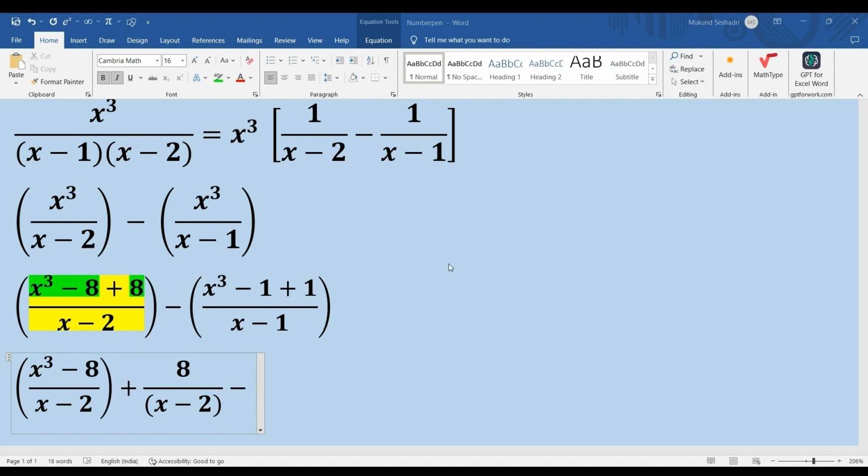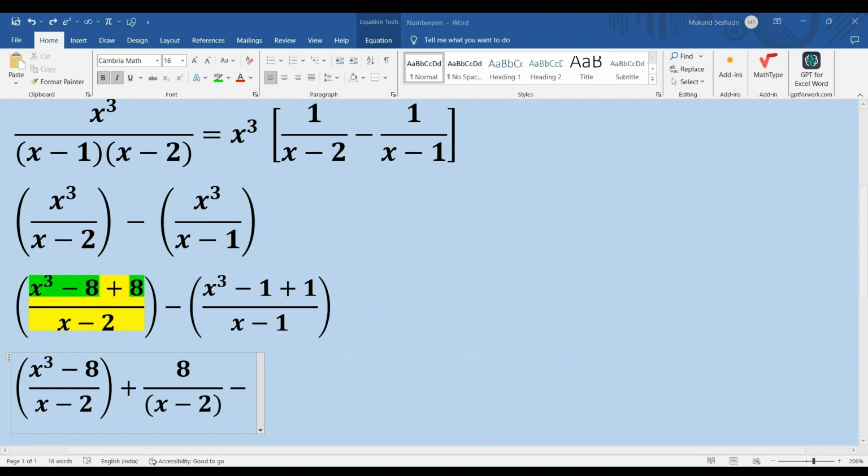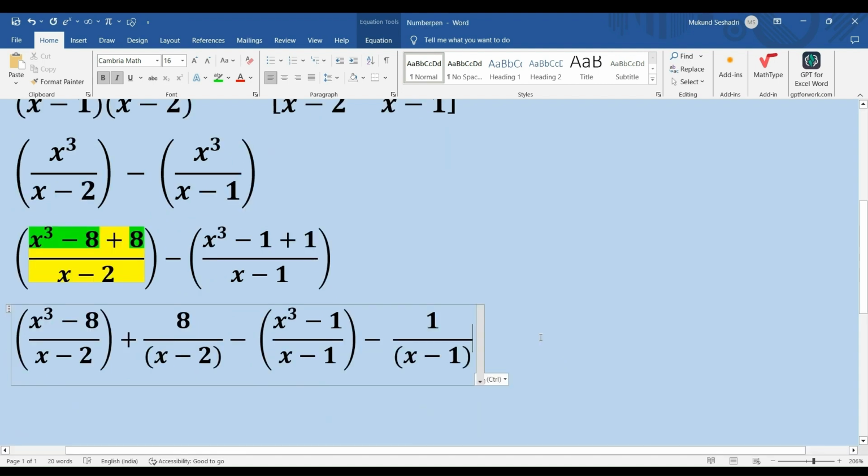right? I decompose that given expression as x cube minus 1 by x minus 1 plus 1 by x minus 1, right? And remember, folks, I have a negative sign out there. So the entire expression becomes minus of x cube minus 1 divided by x minus 1, minus 1 by x minus 1, right?